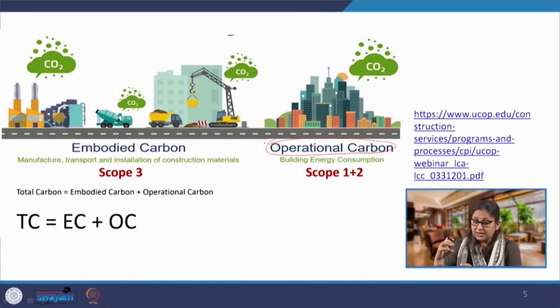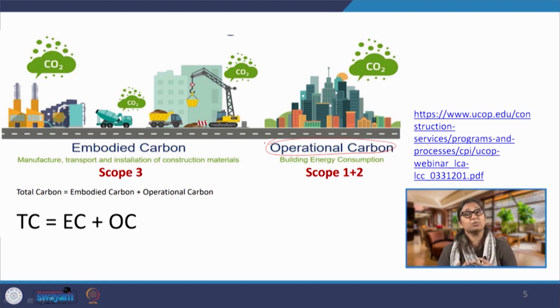This is the energy or the fuel that is consumed when the building is in operation, and if we look at the data, we will see that a large amount of this energy is actually going in conditioning the spaces for creating thermal comfort indoors in the buildings. That is where large amount of operational emissions are happening. When I say comfort, I do not only imply thermal comfort, we are talking about visual comfort.